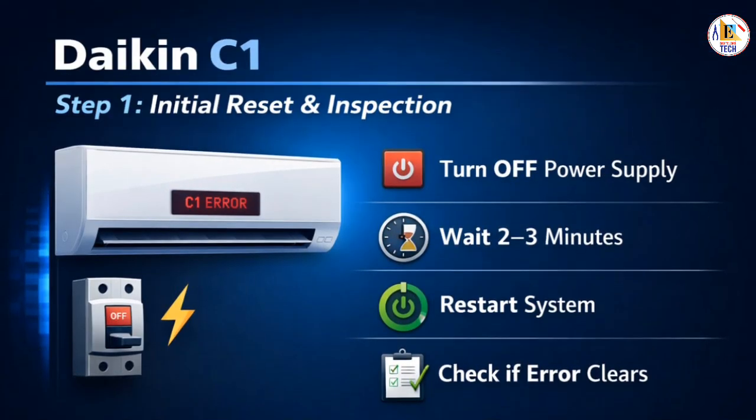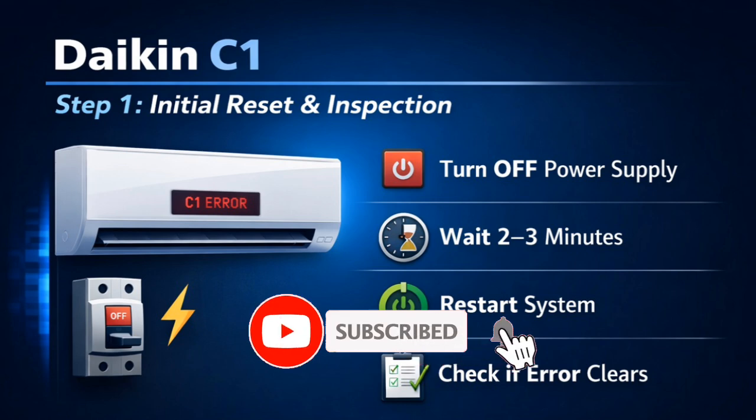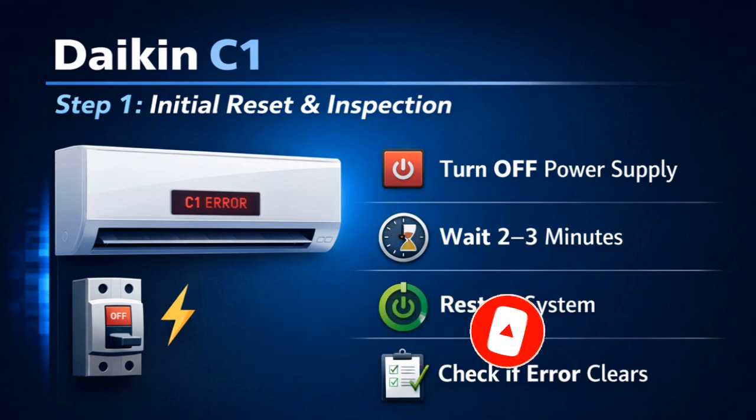Let's get started. Step 1. Initial reset and inspection. When your Daikin AC displays a C1 error, the first step is always a simple reset. Begin by turning off the power supply completely and waiting for 2 to 3 minutes. This pause allows the system to discharge any temporary electrical glitches.